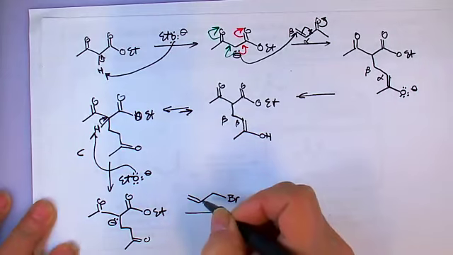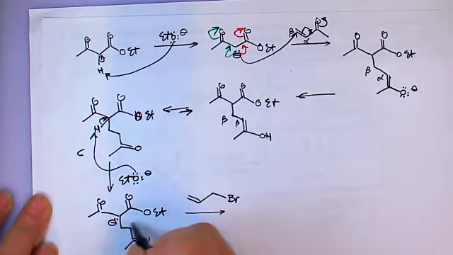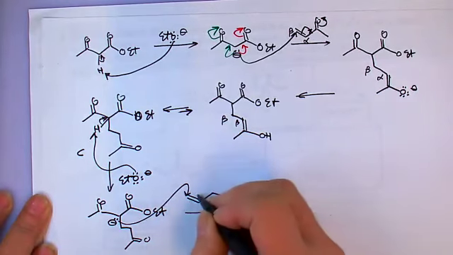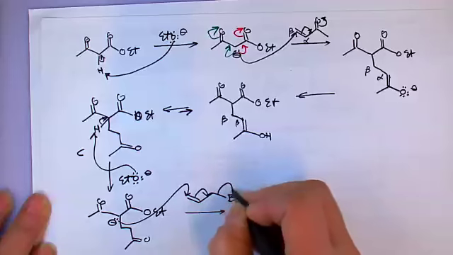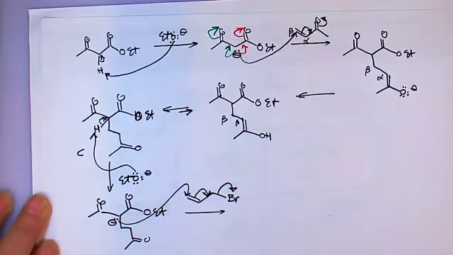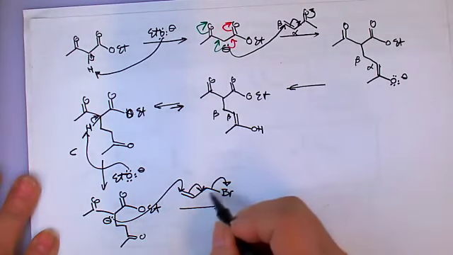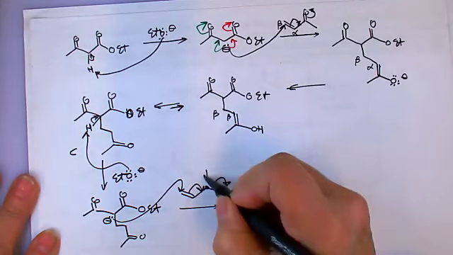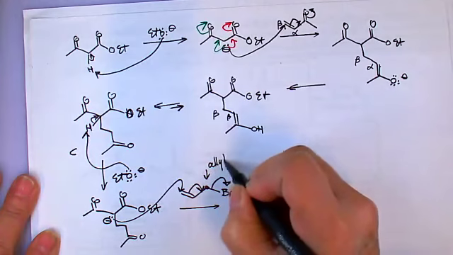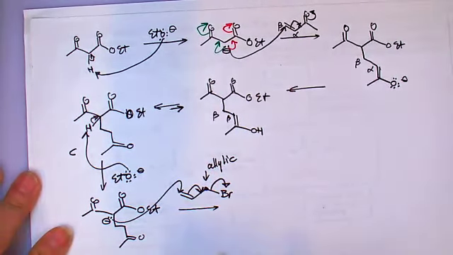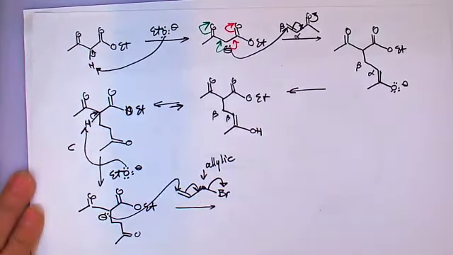And now, if you do the attack over here and you get this, you're going to push the leaving group. This is like an SN2 attack, but this carbon right here is allylic. Allylic substrates are great for both SN1 and SN2, and that's how that happened.